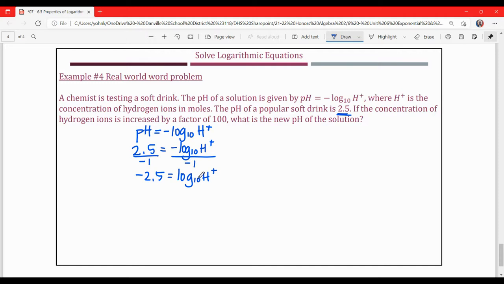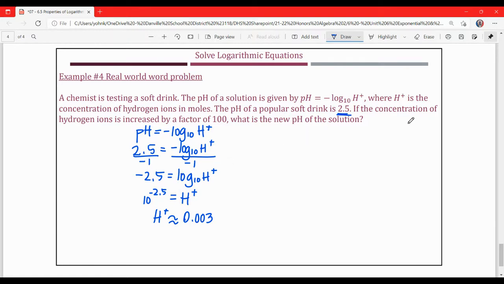Now you can change it to exponential: 10 to the negative 2.5 equals H plus. Then we can calculate what 10 to the negative 2.5 is. It's approximately 0.003. So that's the concentration of hydrogen ions in the soft drink.